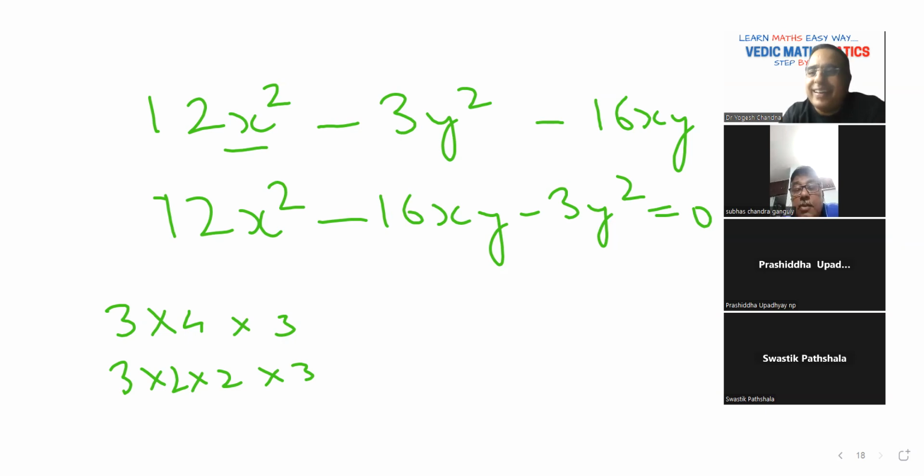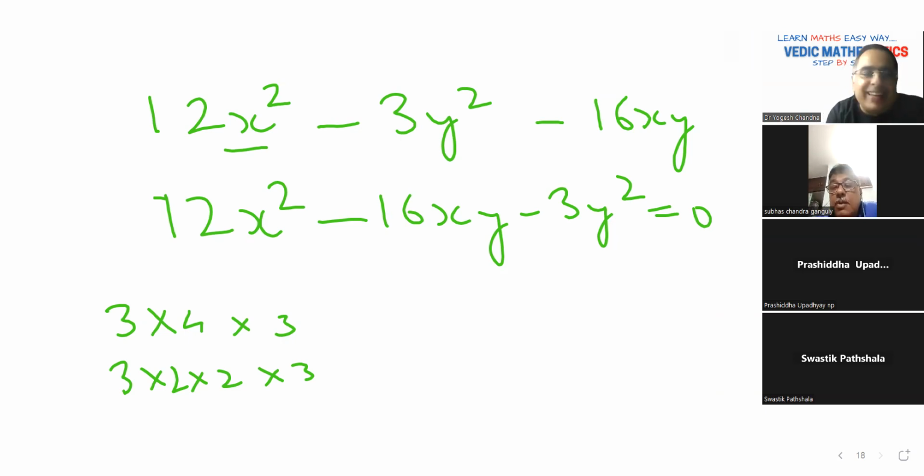Very simple. From here only, if you see 6 into 3, 18 can be made, and 2. Try combinations. I told you, use the factors. If you find the product and then make the factors, you have to think more. But if you make factors from these, it would be easier because you just have to make combinations.